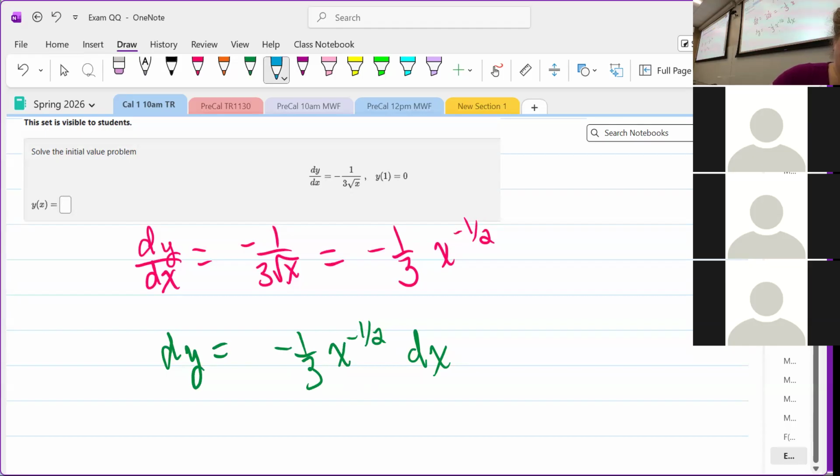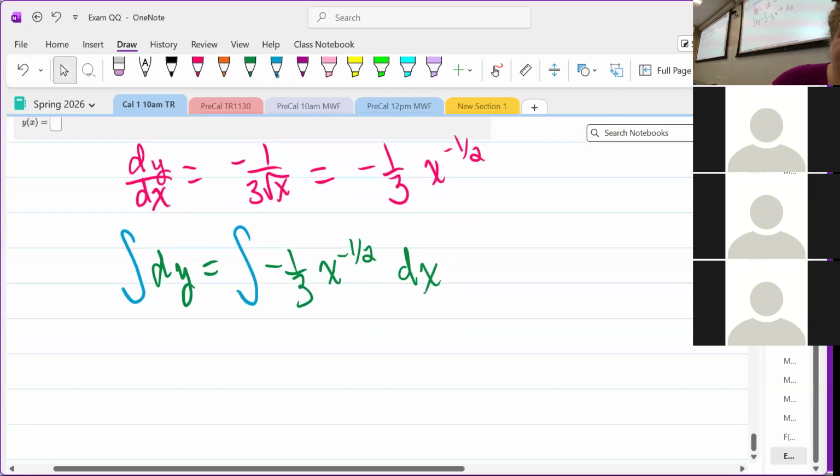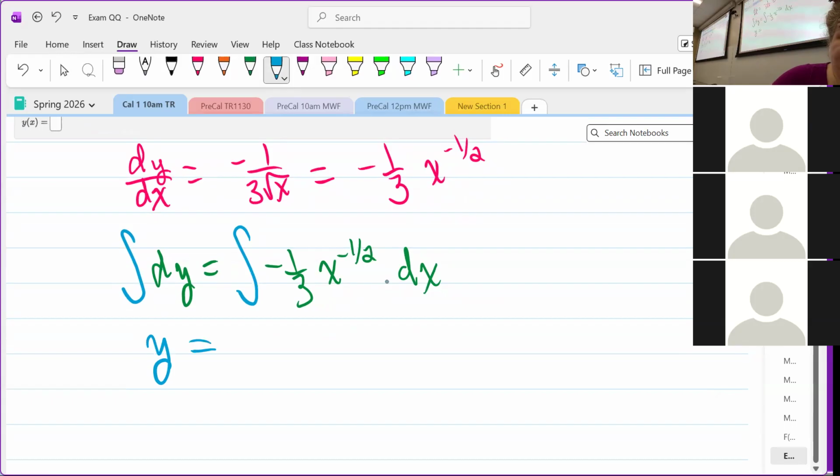Now that it's set up like this, now I can do the integral of both sides. The integral of dy is just y. Now my integral of the negative 1/3 x to the negative 1/2. The negative 1/3 is a constant, so it's going to come outside. And then the x to the negative 1/2, this is our power rule, but we're doing our power rule inside out and backwards because we're doing an antiderivative.